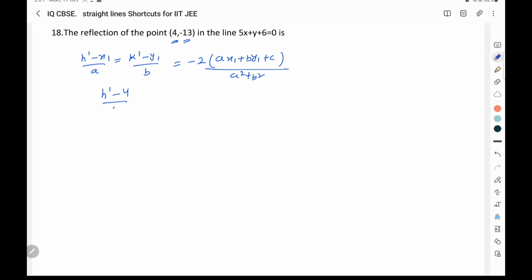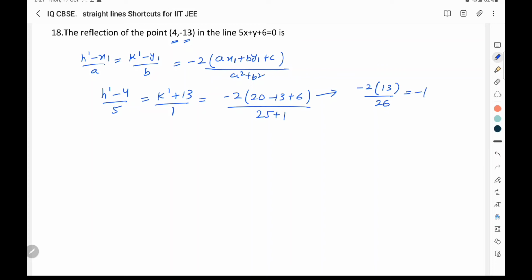H dash minus 4 by 5 is equal to k dash plus 13 by 1, equal to minus 2 into 20 minus 13 plus 6 by 25 plus 1. Solve this: minus 2 into 20 plus 6, 26. 26 minus 13 is 13, over 26. So I get minus 1 here.